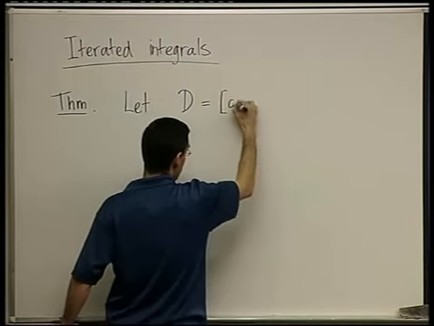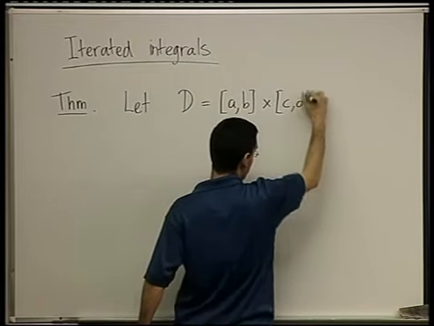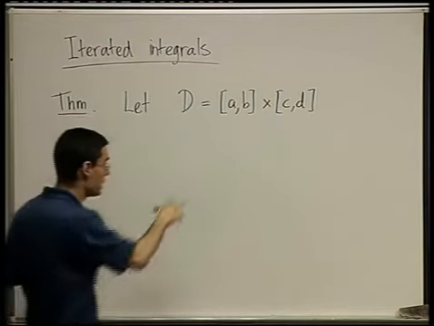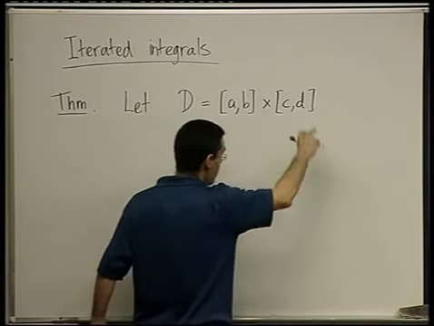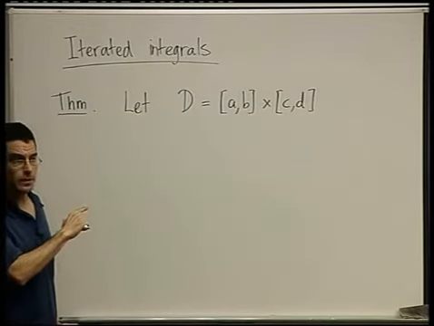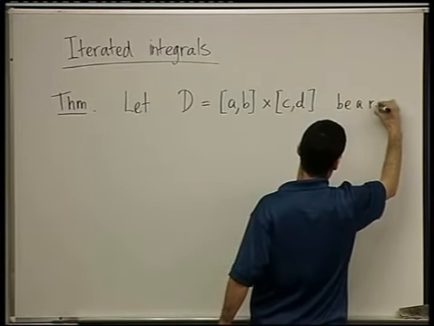Remember, we denoted a rectangle by [a,b] cross [c,d]. This means the Cartesian product, all the points (x,y) such that x is between a and b, and y is between c and d. Remember this notation?